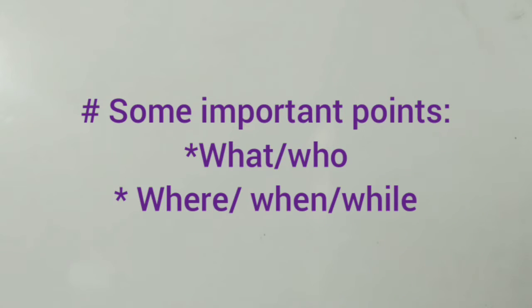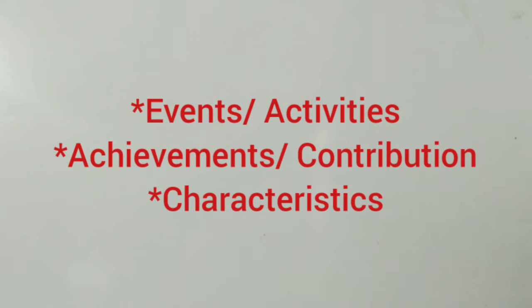If you find any time is mentioned here, that means any years or any date is mentioned, then you have to point out them to collect information. You can collect these type of informations. Then you have to identify some events and activities which are mentioned in your passage. Then achievements and contribution.